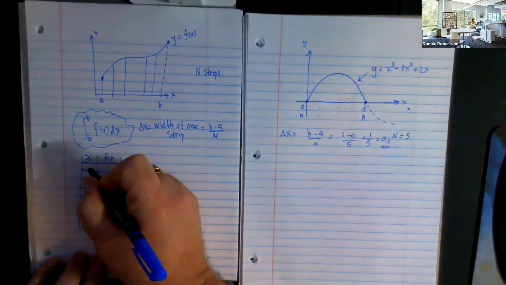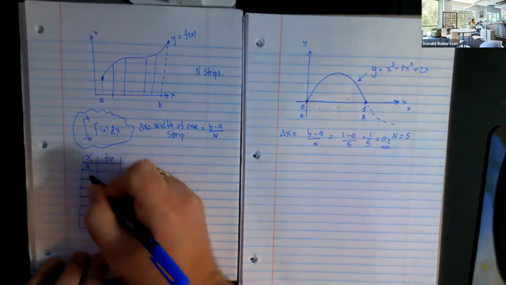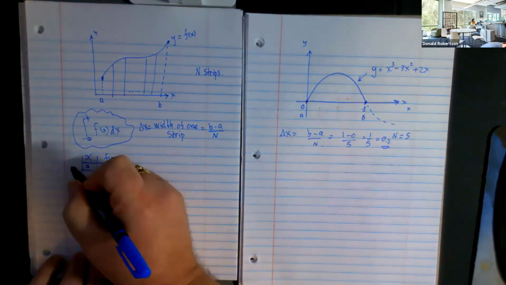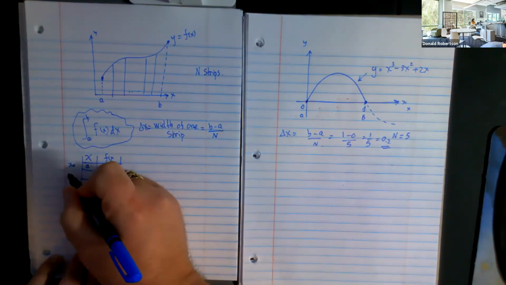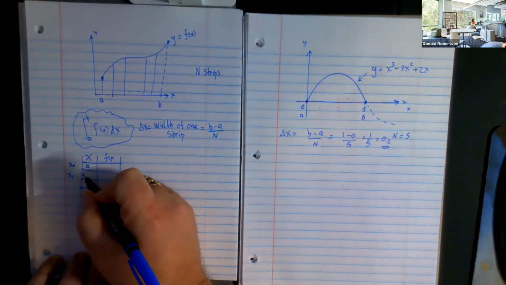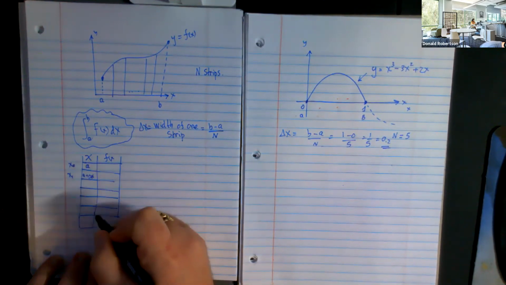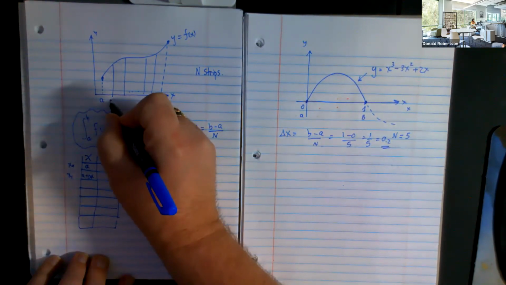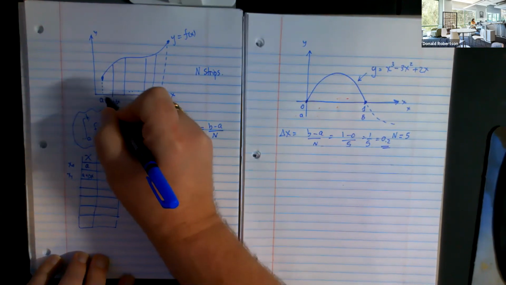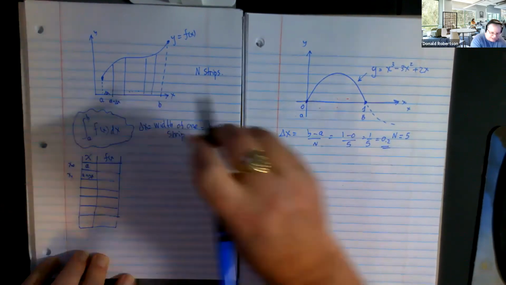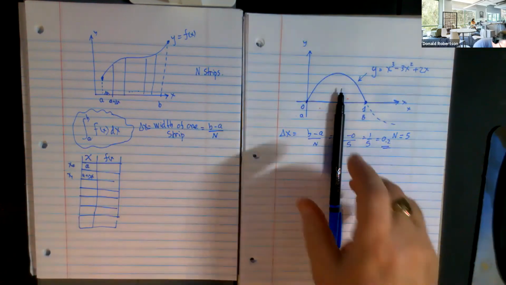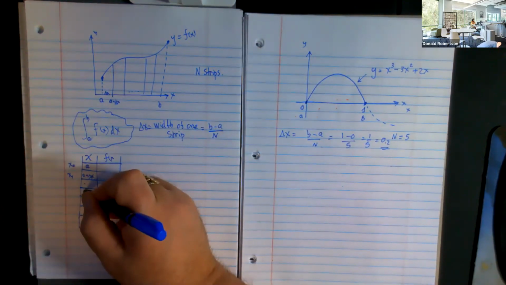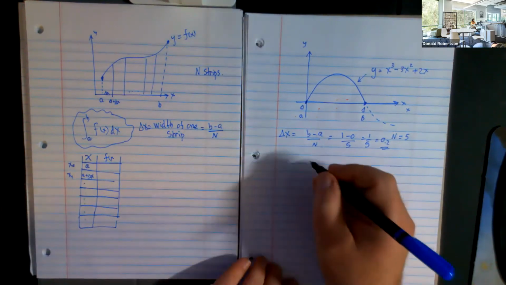Well, the first one is going to be a, and he is called x naught. And then the next one after that is going to be a plus delta x. And then so on and so on. What would that look like in a real question?